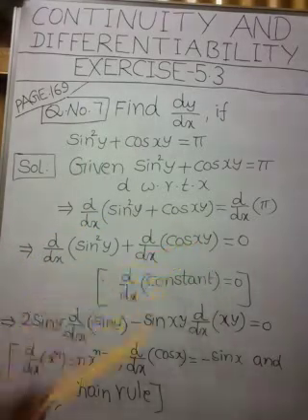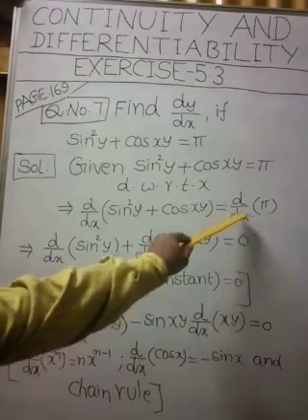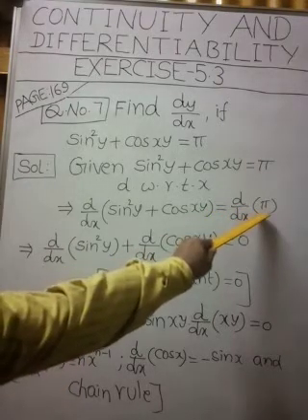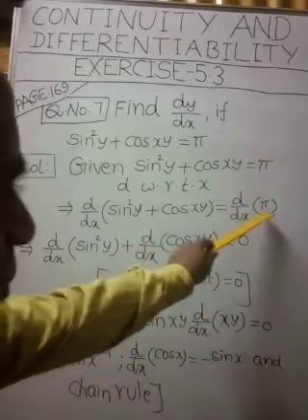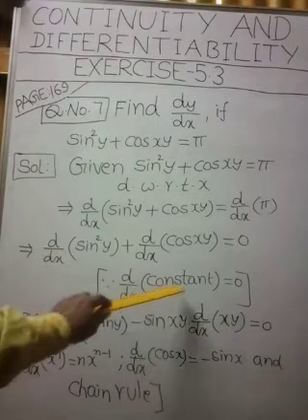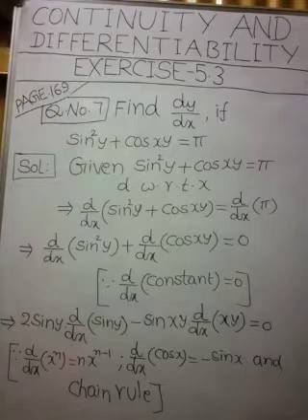Is equal to, in the RHS, d by dx of pi. There is no variable, which means it is a constant. So d by dx of a constant is 0. We used this formula: d by dx of constant is equal to 0. Understood the part in the RHS, my dear children?